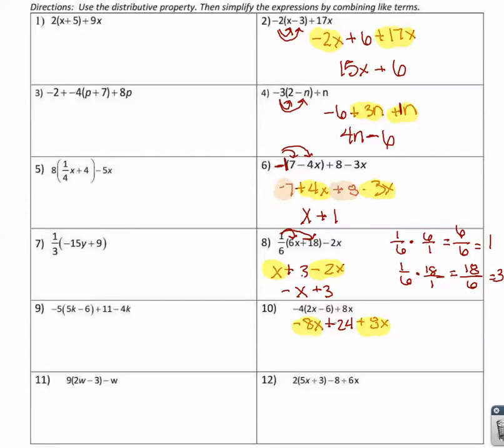Notice negative 8x plus 8x, they actually cancel, leaving you just with 24. That is okay. And let's do the same thing for number 12 to get 10x plus 6. Bring down your remaining terms.